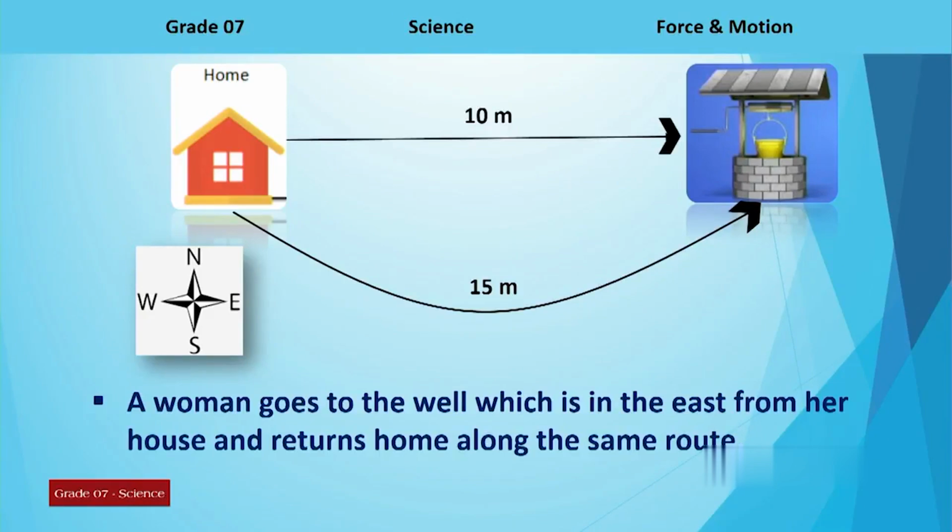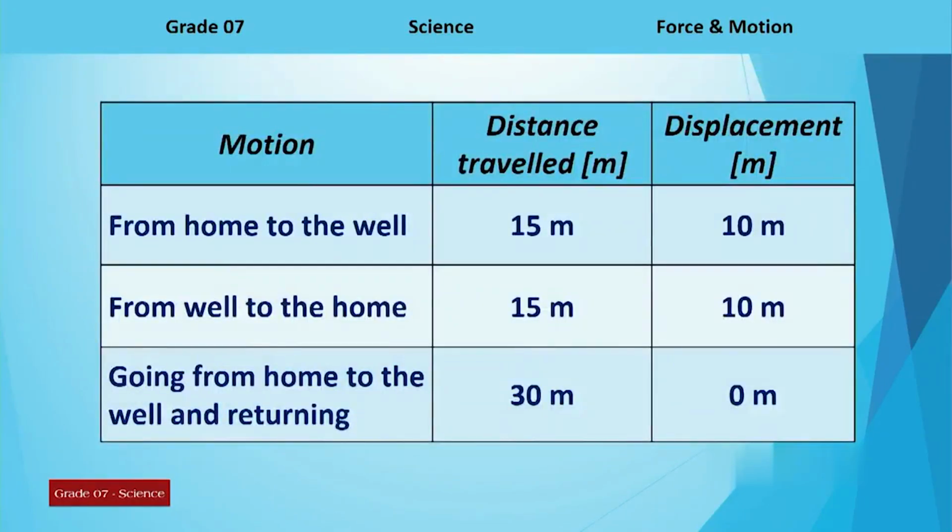So by looking at this example, we can summarize the motion of the woman in this way. From home to the well, the length of the path is 15 meters, and the displacement is 10 meters. From the well to home, she is returning home.